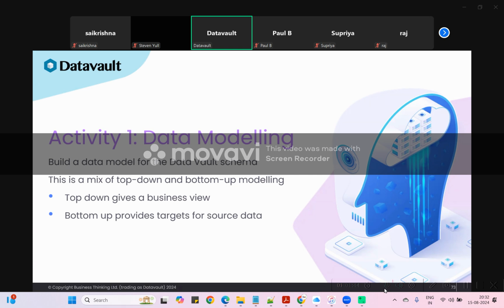And what we're going to do is a bit of top-down, a bit of bottom-up modeling. So the top-down is taking a more theoretical view of what we need to build. That gives us a business view of the data. And then bottom-up is matching what we have into that ideal top-down model and tweaking things to make things realistic based on what we have there.